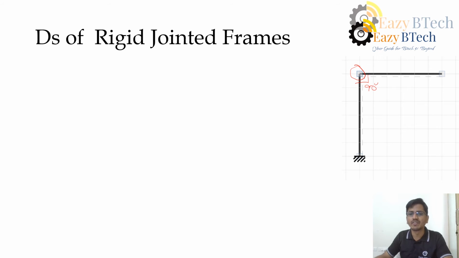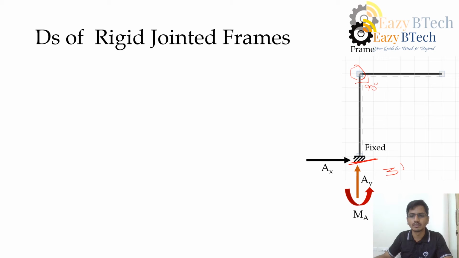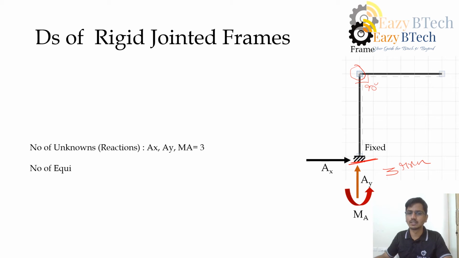Now let us find the degree of static indeterminacy for this structure. This is fixed, so we already know that for the fixed end we'll get three reactions. The number of unknowns are AX, AY, and MA. Those are three. The number of equilibrium equations is three.